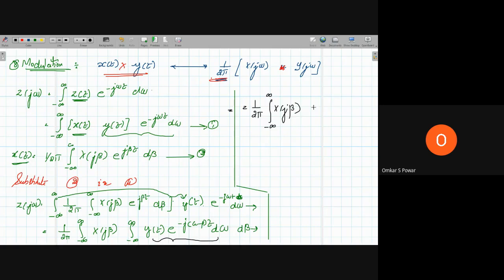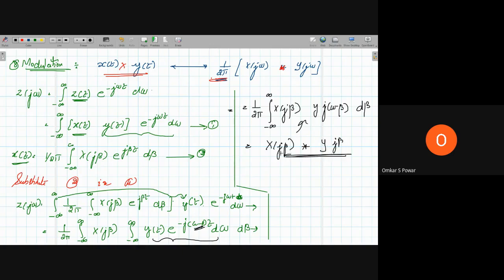It is nothing but Y of j omega minus beta. Instead of omega, it is omega minus beta. That's it, into d beta. So this is nothing but X of j beta convolution Y of j beta. So this is similar to convolution.